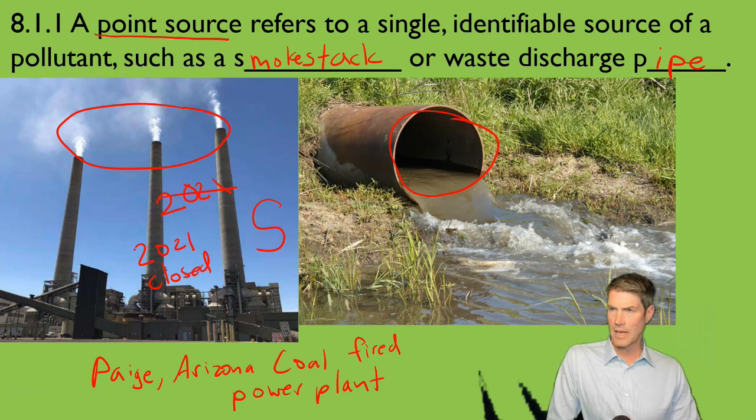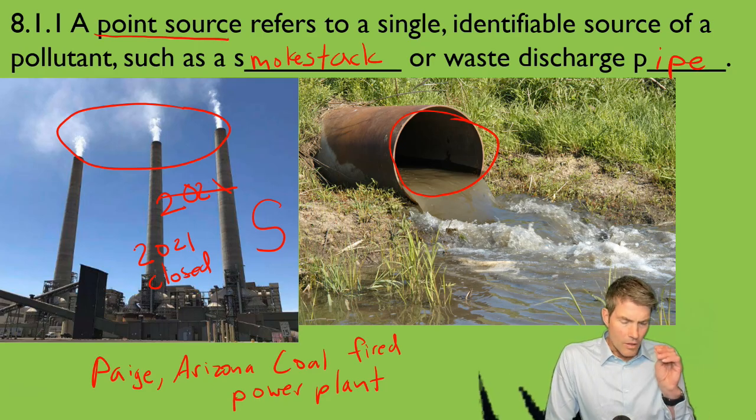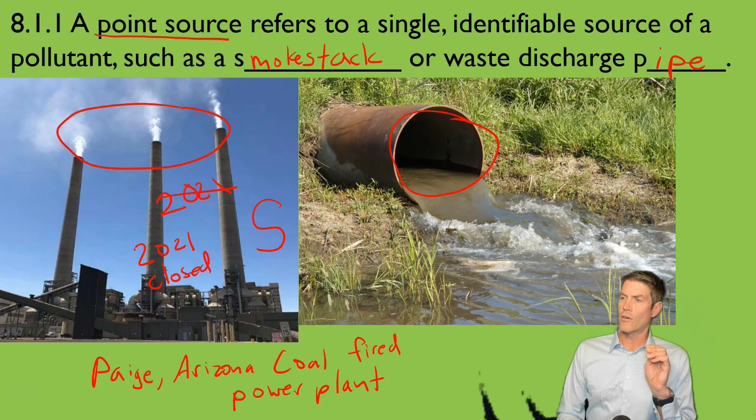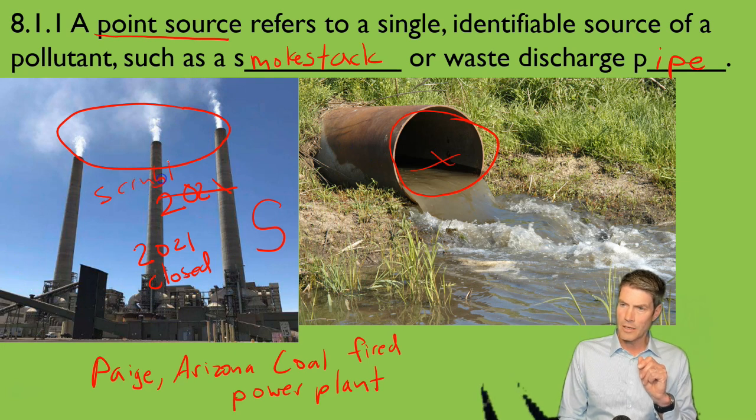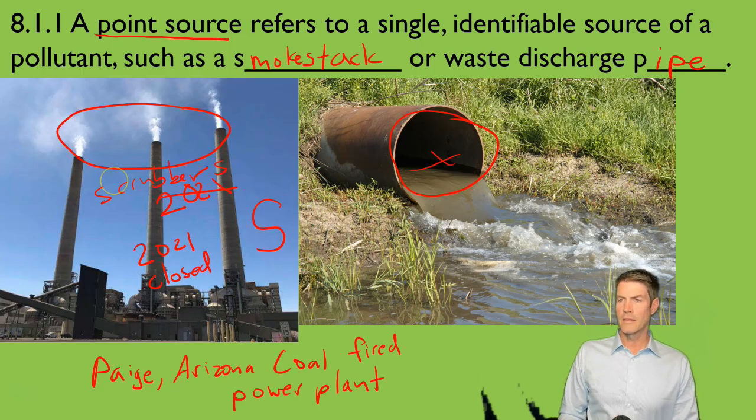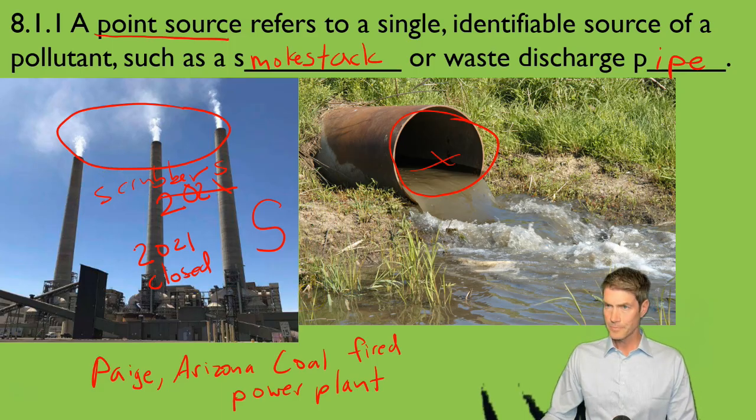This is one of those examples. So you can go to one specific place and deal with it, either handle the pollution coming out of this pipe, or put scrubbers that we talked about in Unit 7, before the exhaust escapes into the air.